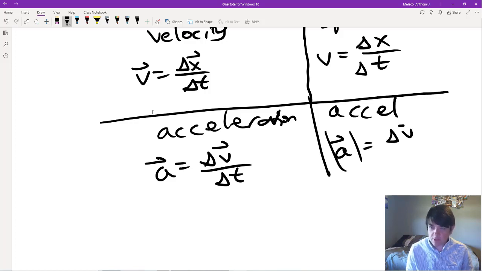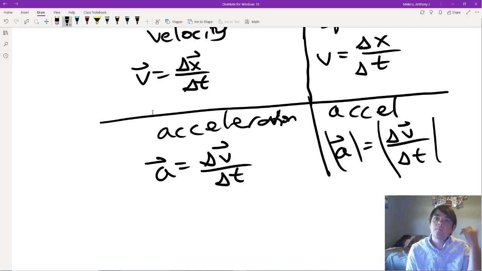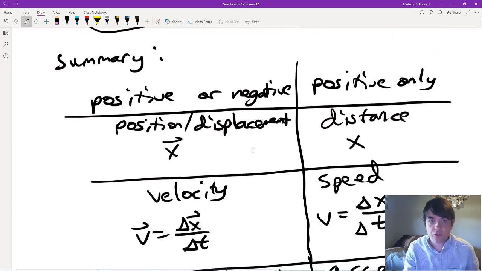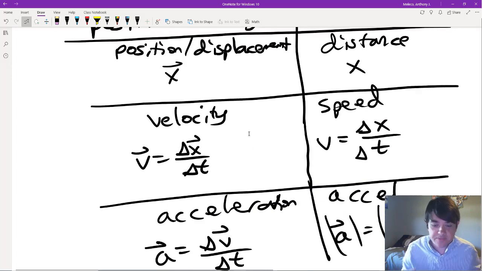Like I was talking about how displacement and position are interchangeable. It can make it difficult. But hopefully this largely helps dispel any of that, and you're able to properly use the terms position, velocity, acceleration.